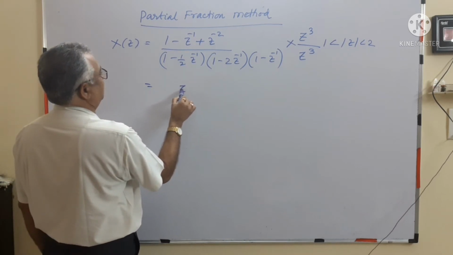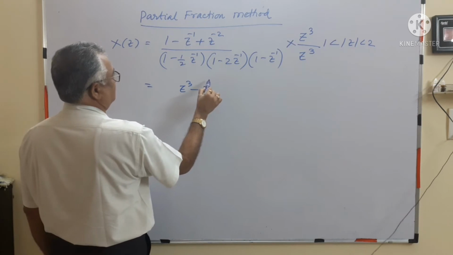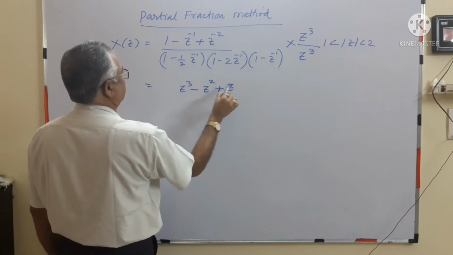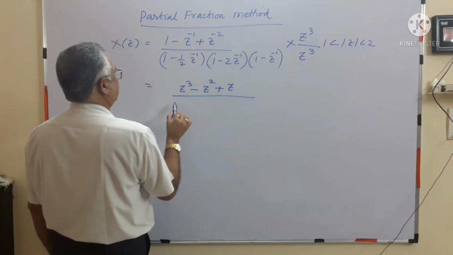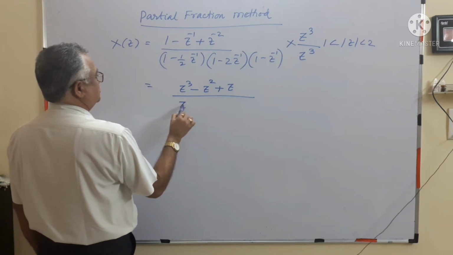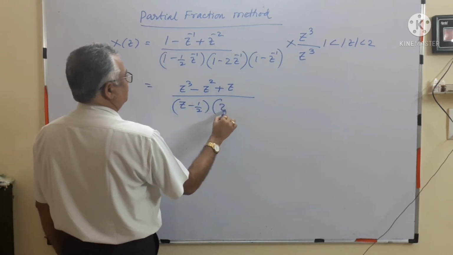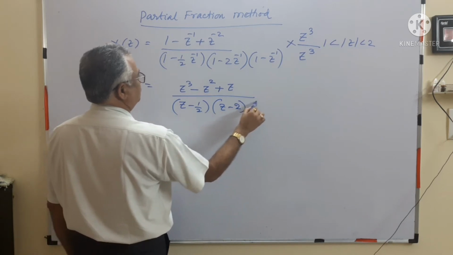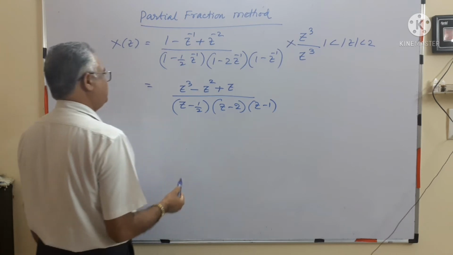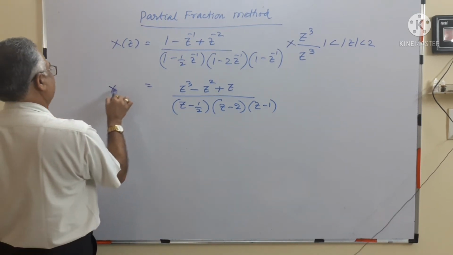So it is z power 3, z power 2 plus z, by z minus 1 by 2, z minus 2, z minus 1. So this is x of z.